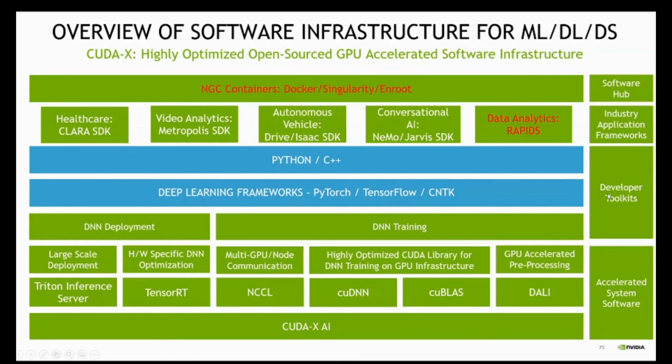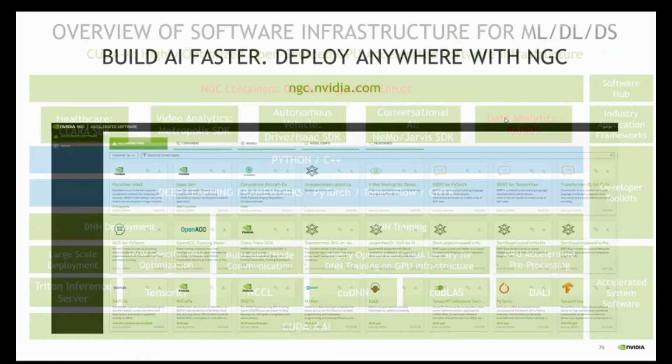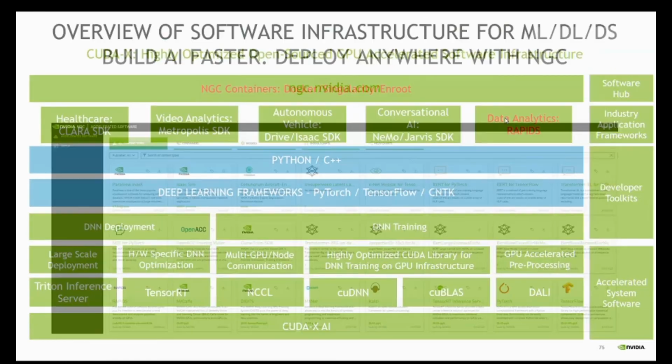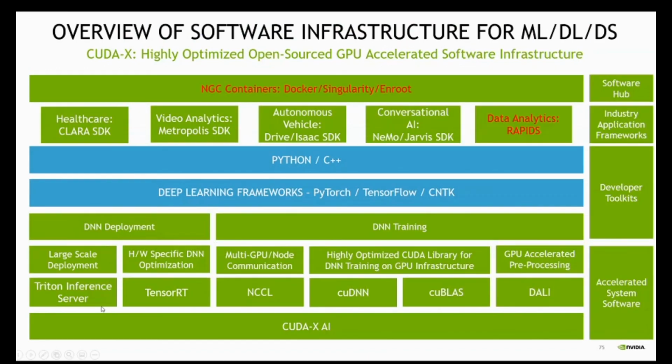And this is a much larger view of how we have built the entire software infrastructure for machine learning, deep learning, and data science. We're just going to look at one small piece of this in today's session. Tomorrow we'll look at the deep learning component, which is CUDA X for AI, with Triton, TensorRT, NCCL, cuDNN, cuBLAS, DALI, and look at more specific frameworks like PyTorch and TensorFlow in detail.